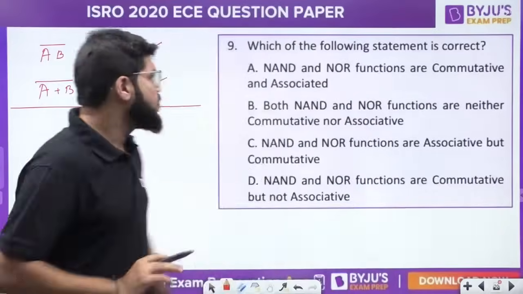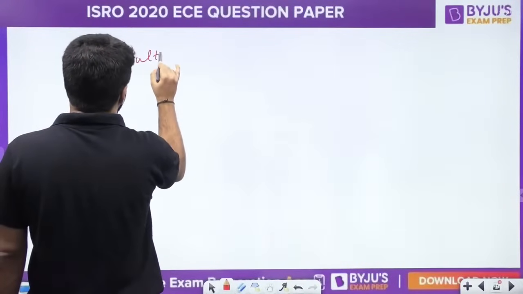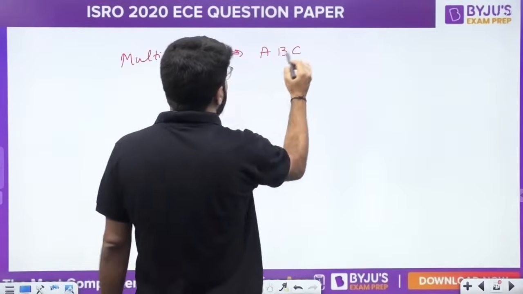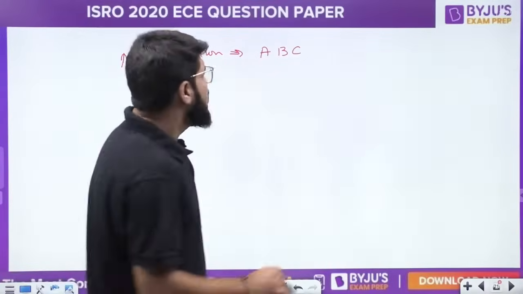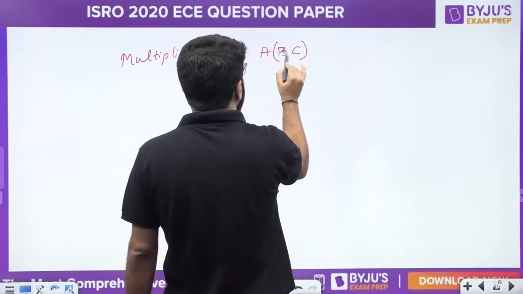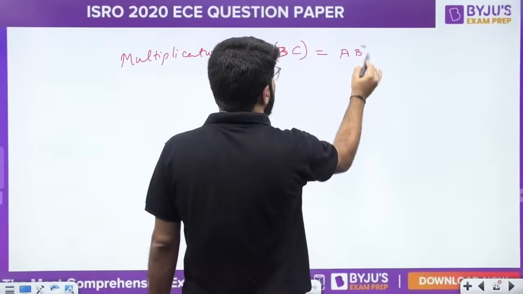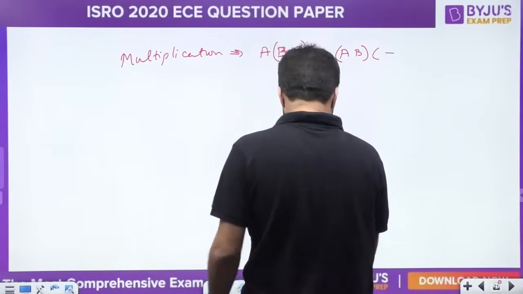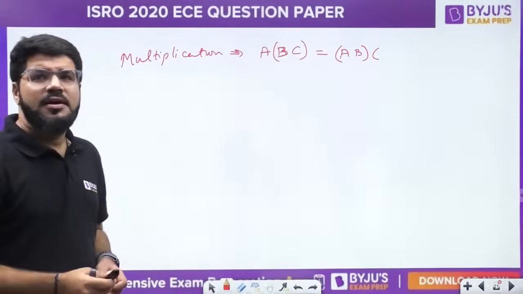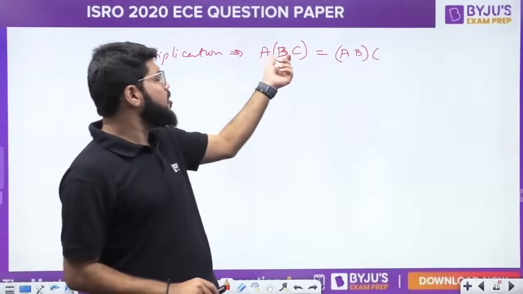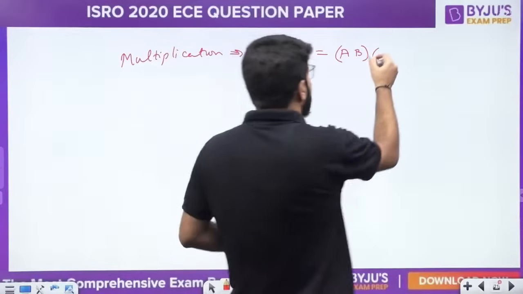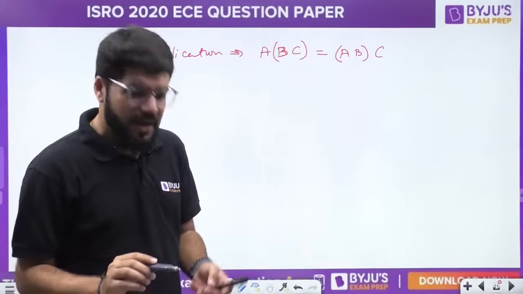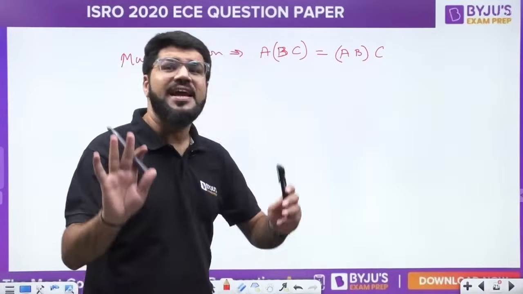If you want to multiply three numbers A, B, C, then ABC can be written as A into BC, or as AB into C. Whether you multiply BC first and then with A, or AB first and then with C, the results are equal. Similarly for addition. So addition and multiplication are definitely associative.